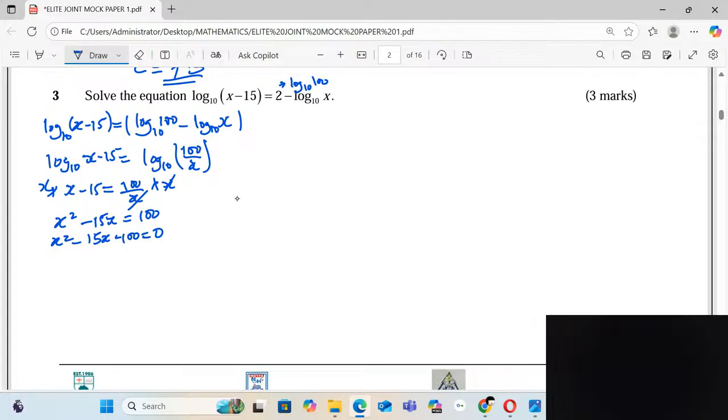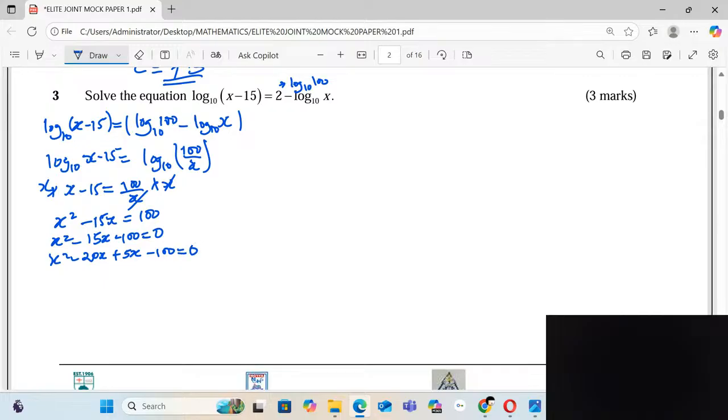So we can now solve that, so that we have x squared minus 20x, then plus 5x, then minus 100 equals to 0.